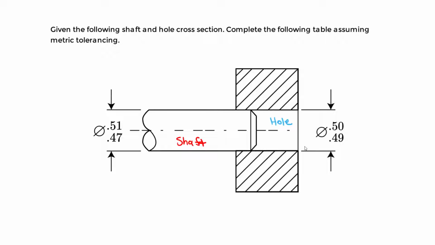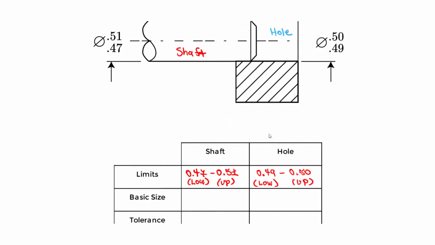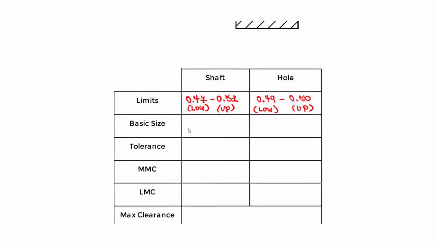So in this case, we will have one size, and you always take the maximum hole size. So in this case, it's going to be 0.50, and that's all you do. So it's going to be 0.50 for both of them. So the basic size is 0.50 or 1/2 if you are looking at that.